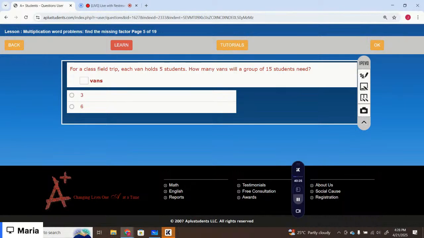For a class field trip, each van holds five students. How many vans will a group of 15 students need? So which is the correct option?